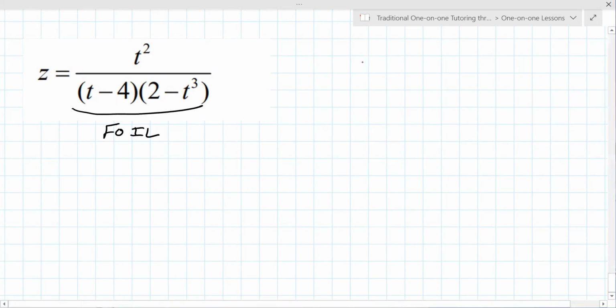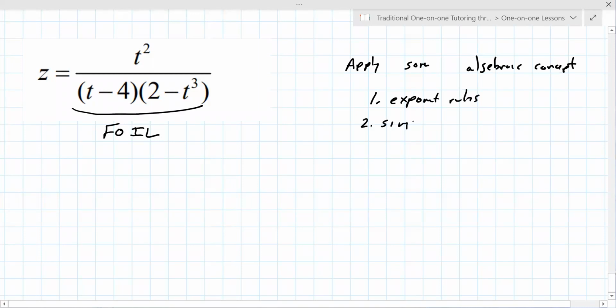Generally, when you can apply some algebraic concept, you should do that. Here's what you're looking out for: exponent rules, simplifying, which is kind of exponent rules, foiling is one of them.